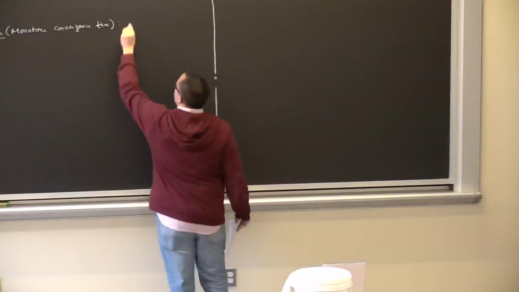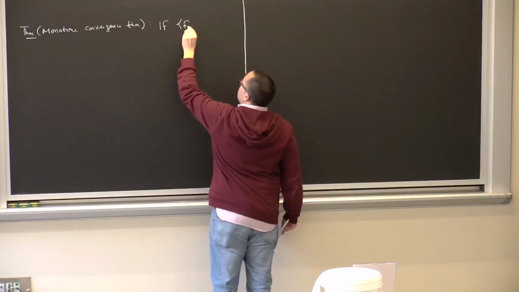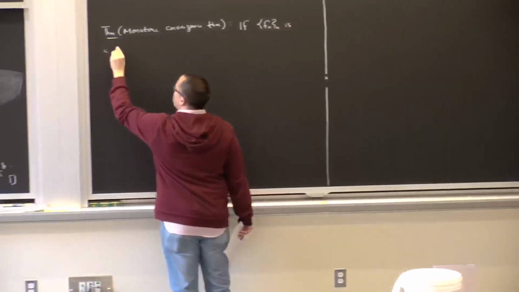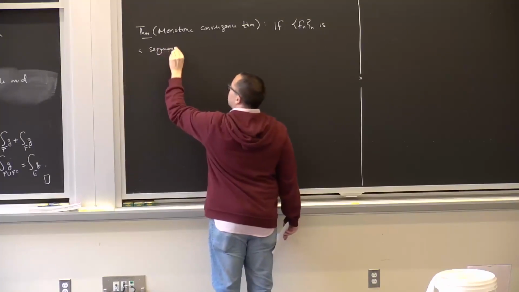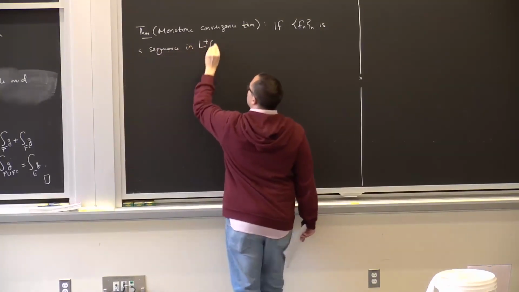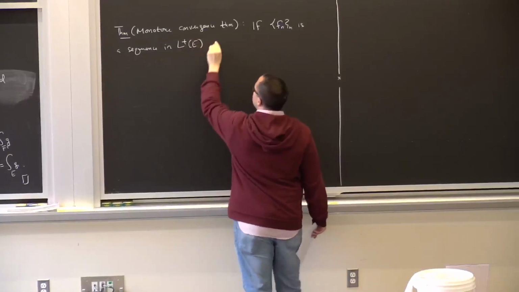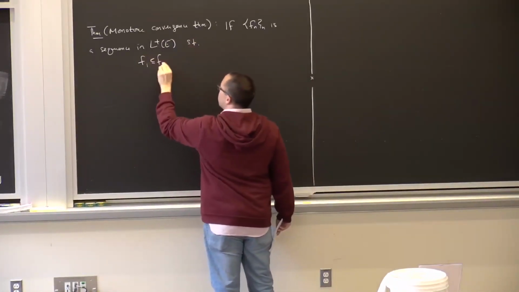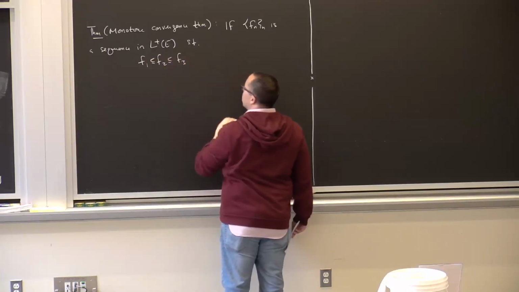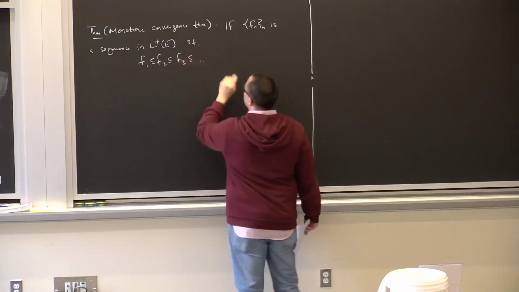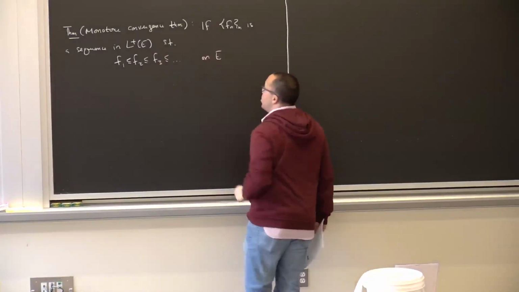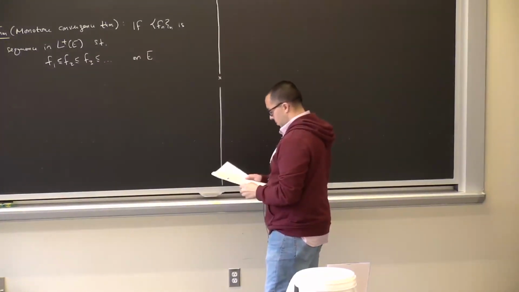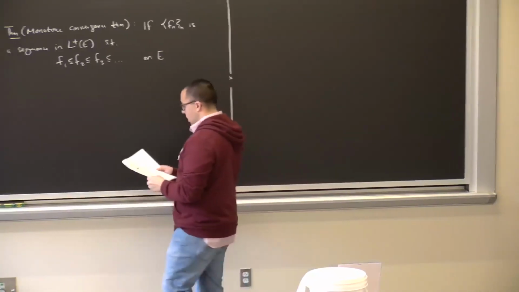Is the following, that if f_n is a sequence of non-negative measurable functions such that f_1 is less than or equal to f_2 is less than or equal to f_3, on E. So pointwise, they are increasing. The sequence is increasing.